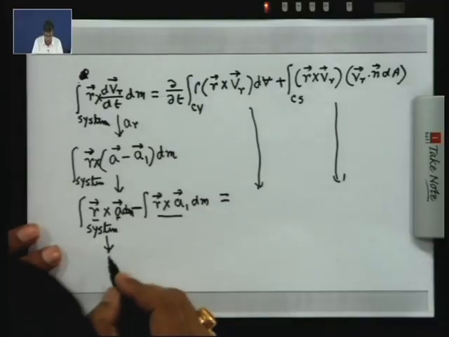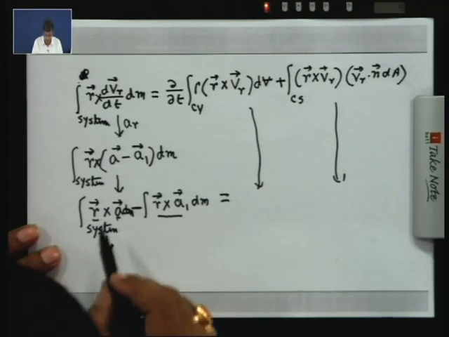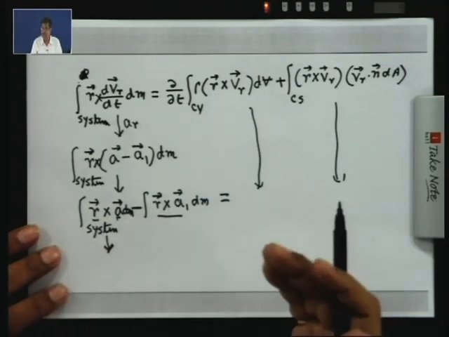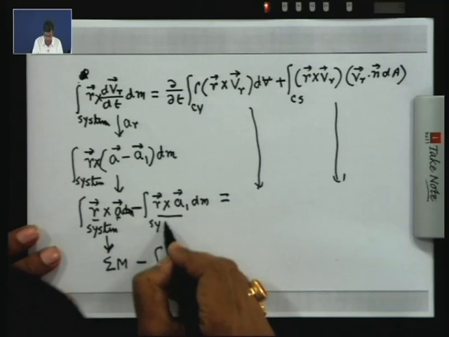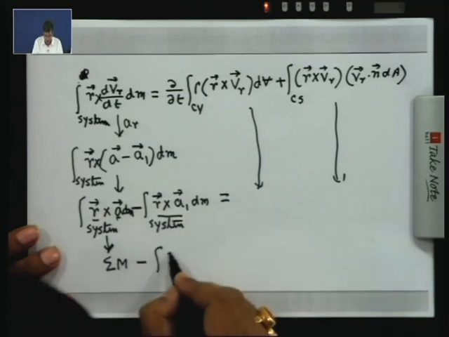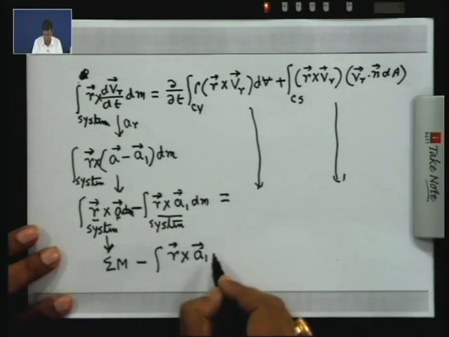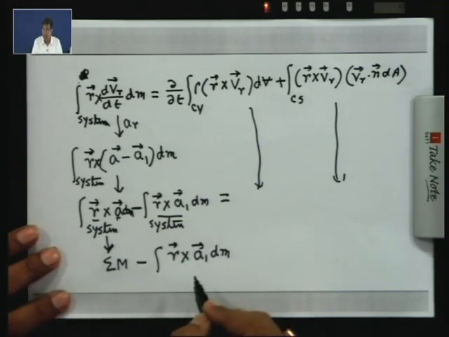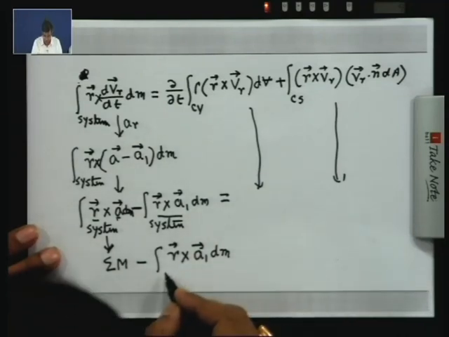Therefore, similarly, by the conservation of angular momentum of a control mass system, where the angular momentum is described with respect to an inertial frame of reference, it is sigma m as usual, but with a modification: the modified term r cross A1, where A1 is an acceleration vector which contains a number of terms. In the case of the non-rotating reference frame, these terms boil down to the linear acceleration of the control volume.